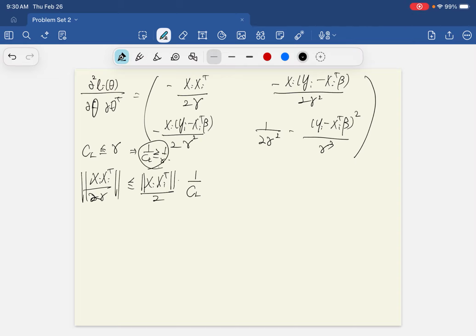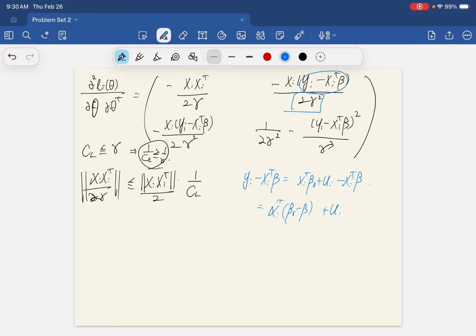So using this, we are going to bound it this way. Okay, and now the second term, the denominator gamma is easily bounded, and also we are going to rewrite yi minus xi prime beta as xi prime beta 0 plus u minus xi prime beta. Okay, that is xi transpose beta 0 minus beta plus u.